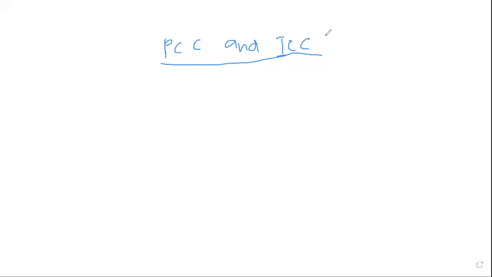So let's start with the price consumption curve by drawing an initial equilibrium for the consumption of commodity Y and X. So let me assume that this is the equilibrium point.